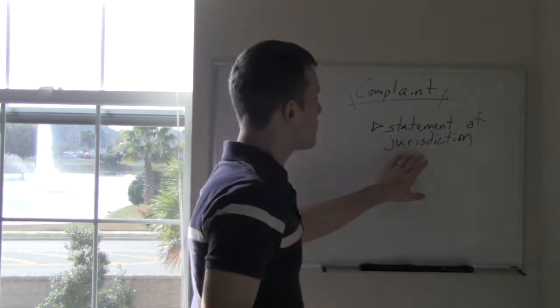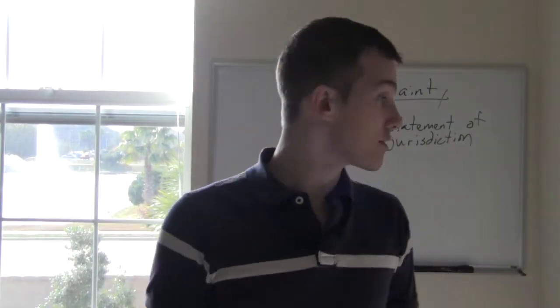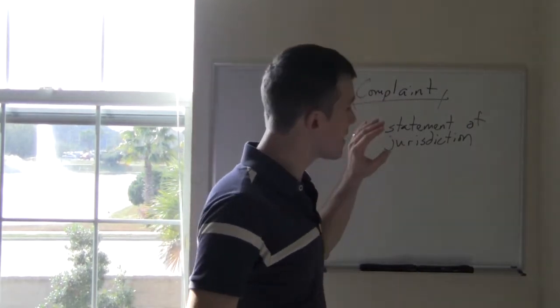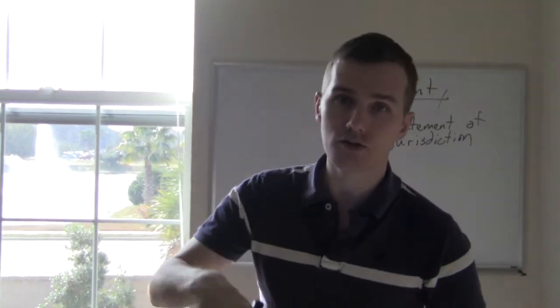And by that I mean you're telling the court why the court has the authority to do what you're asking them to do. You're telling the court, I'm asking you to extract this money from this other person. Well, the first question that needs to be answered is, does the court even have the authority to do that? That's where jurisdiction comes in. So the complaint will say, Judge, this is why you have the authority, pursuant to statute such and such, or constitutional article such and such.